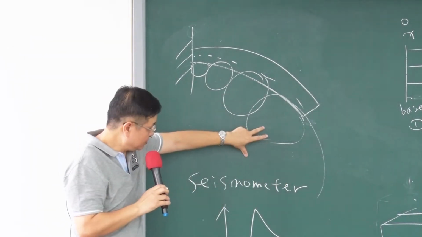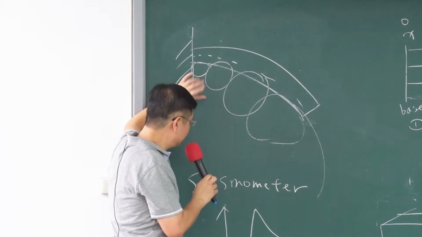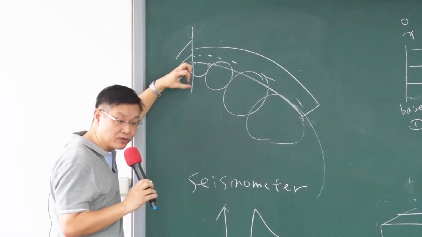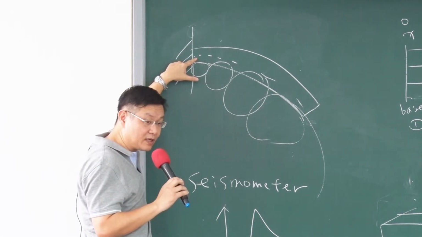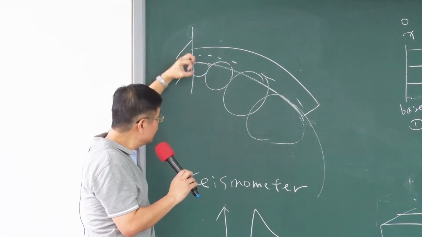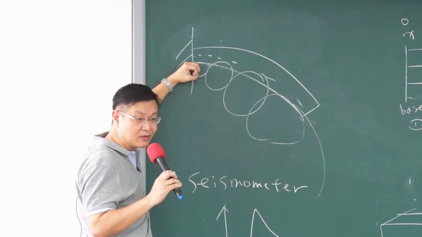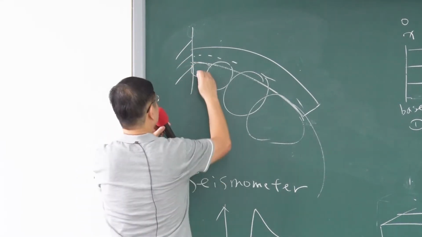A smaller circle means a larger curvature. So here you get the largest curvature, which means a small circle, the radius of the circle.